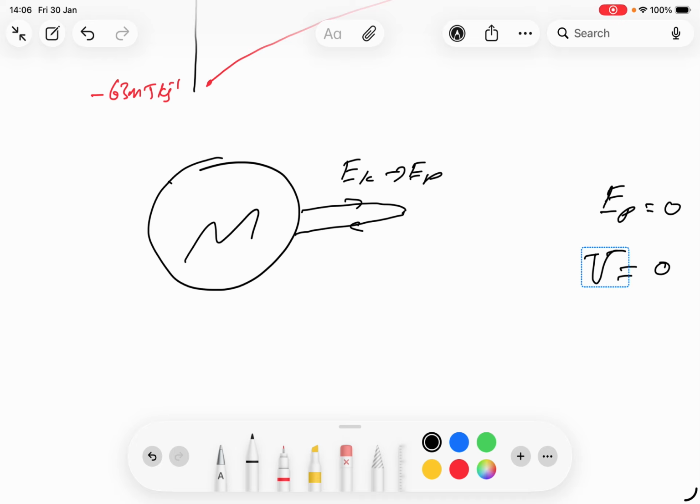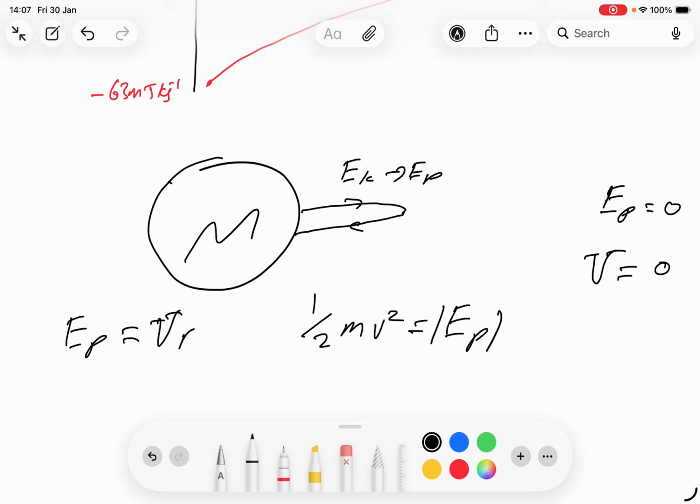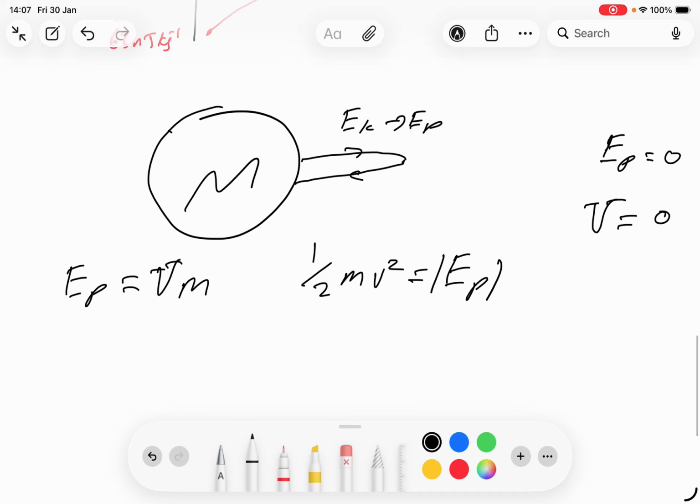So if we can get out to far, far away, to do that, our kinetic energy to just get there would need to be the same as our potential energy, or the same magnitude as our potential energy. Our potential energy is the potential, that's the energy per kilogram, times the mass, little m, of the object we're moving.